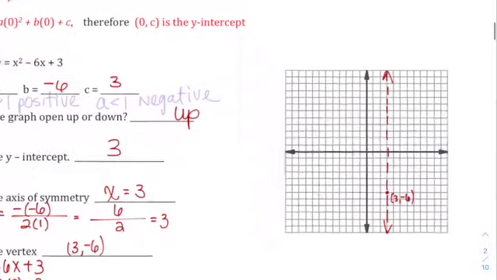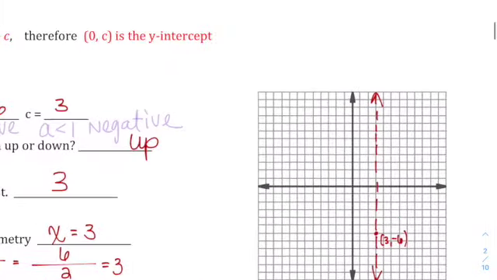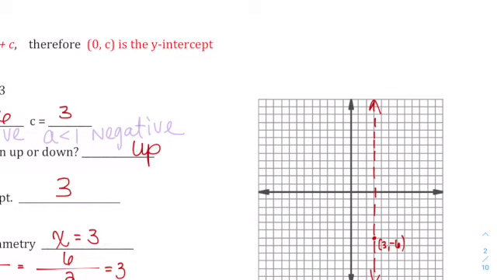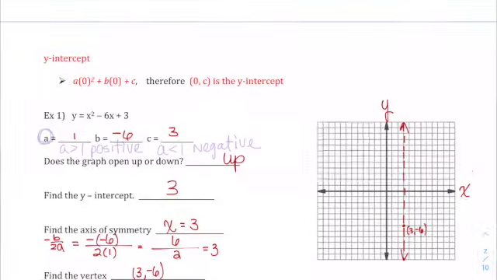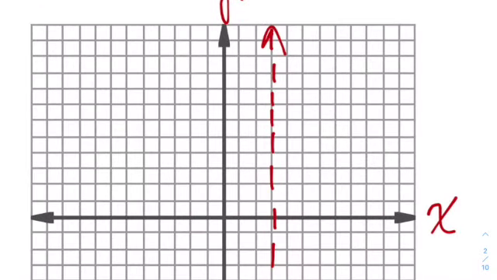So now you need to find your y-intercept. Your y-intercept in this case is whatever is on the y-axis, and I told you guys that's c. And since c is 3, I'm going to plot the 3. And you also know the symmetry line cuts the points into even parts.